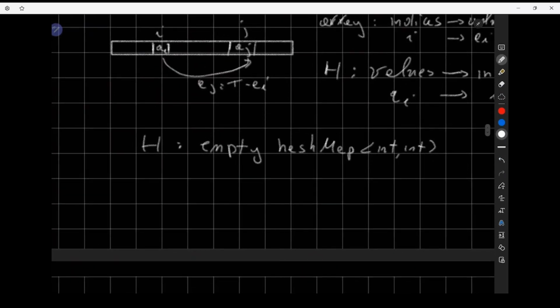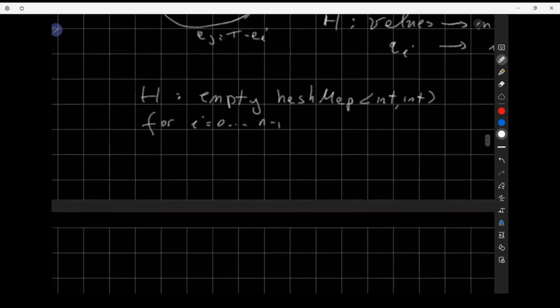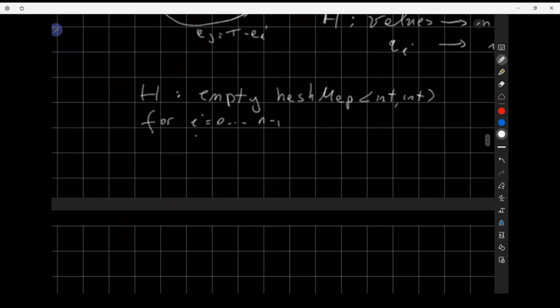And then, just like the previous pseudocode, I'm going to iterate from i equals 0 to n minus 1. And here I'm going to test whether we have the corresponding t minus ai key in the hash map.